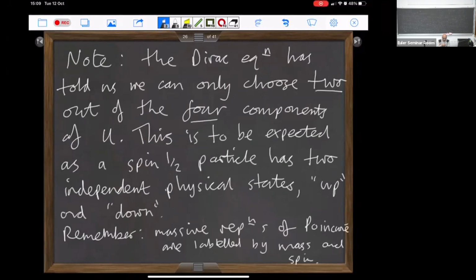So in other words, the equation has told us that we can only choose 2 out of the 4 components of u, but this is precisely what we expect from our representation theory of the Poincaré group, because we saw what the Casimir operators were for a massive particle. A massive particle is characterized in terms of just its mass and its spin. So for spin a half, there's only 2 independent physical states or polarizations.